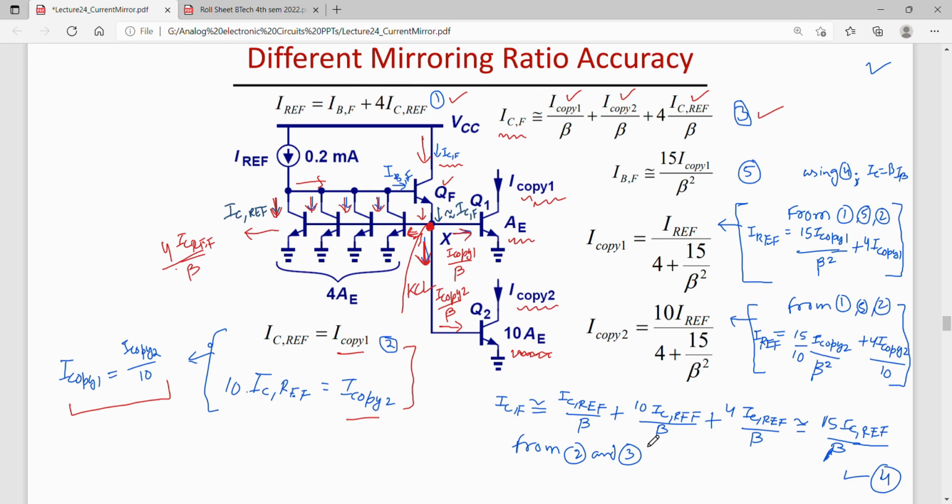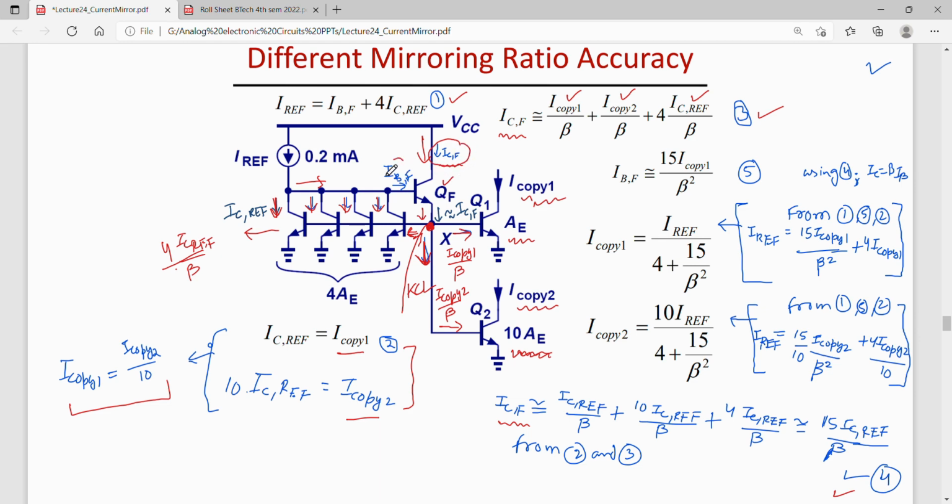So this will give me equation 4: I copy 1 is IC ref, I copy 2 is 10 times IC ref, and 4 IC ref by beta as it is. So this gives me the collector current through transistor F as 15 IC ref by beta. So collector current ICF is known to me now.